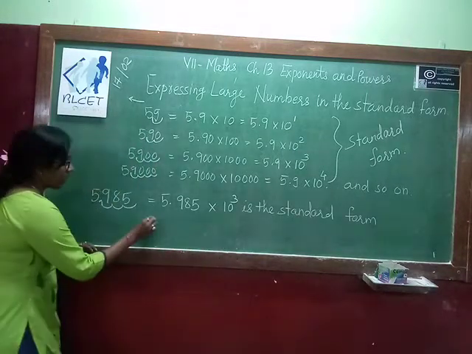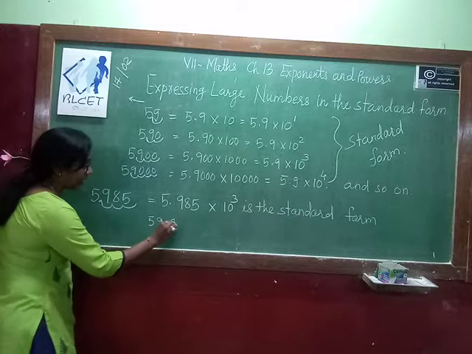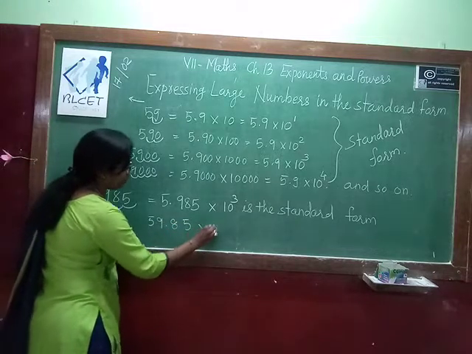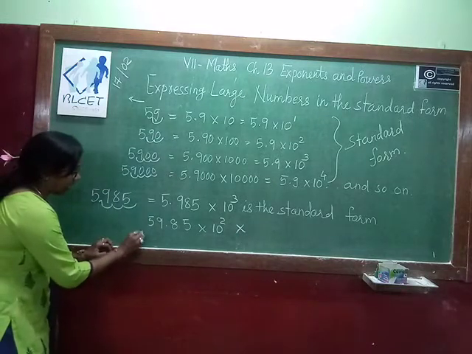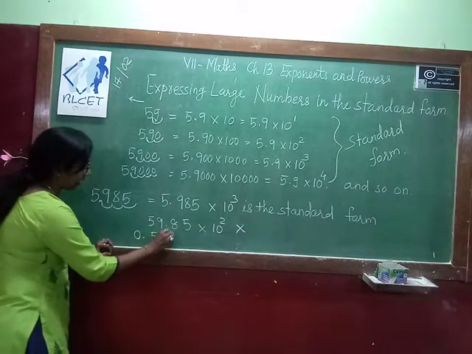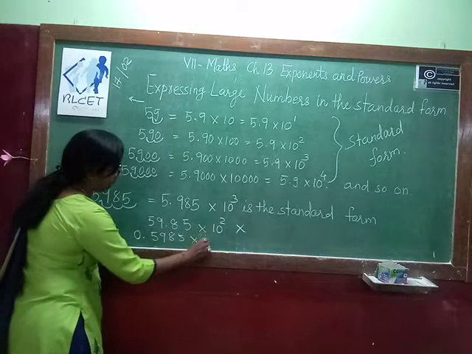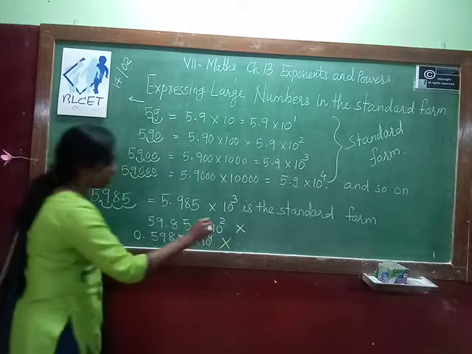You cannot write 59.85 into 10 power 2. This is not a standard form. You cannot write 0.5985 into 10 power 4. This is also wrong.